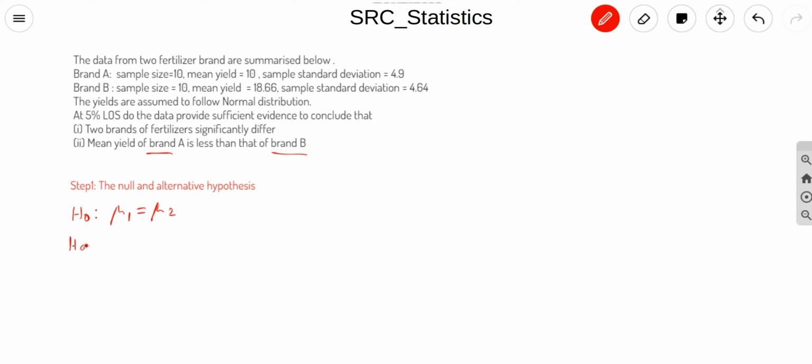The alternative hypothesis comes from the question here: mean yield of brand A is less than that of brand B. So mu1 is for brand A, so we say that mu1 is less than mu2, and this is the alternative hypothesis. Now the alternative hypothesis contains this less than sign, so this is called left directional alternative hypothesis, and the test is left tail test.